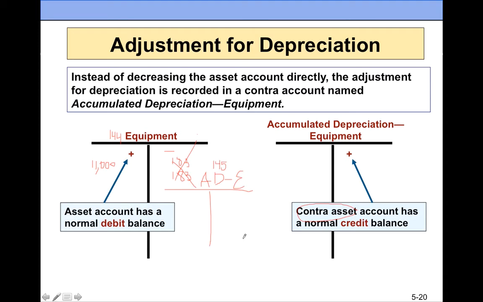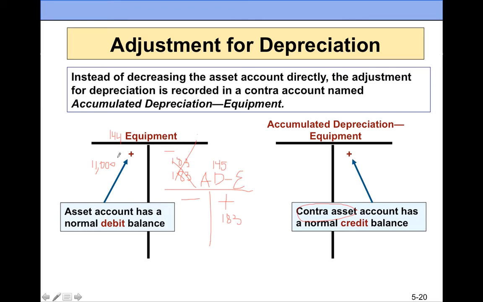They always travel together. It is a permanent balance sheet account. It's not an expense, but it's a contra account. So what happens with the signs, they just switch. And instead of a normal debit balance, we have a normal credit balance. And I put 183, I credit this contra account instead of directly crediting the main asset account.